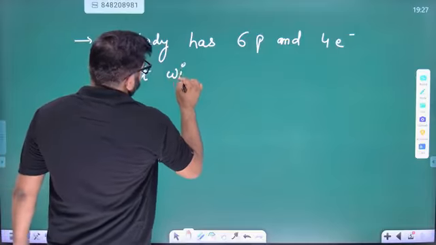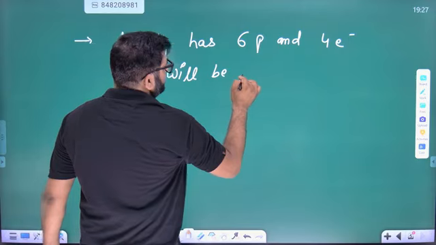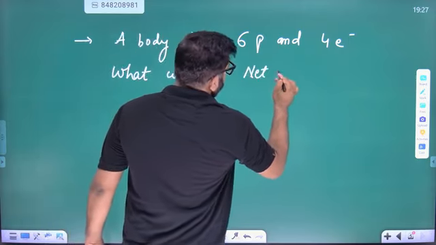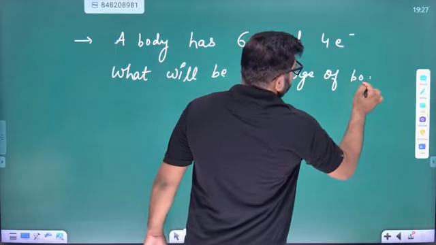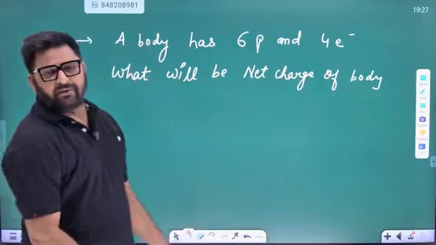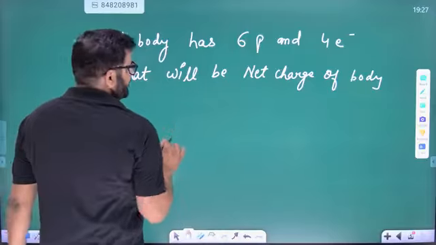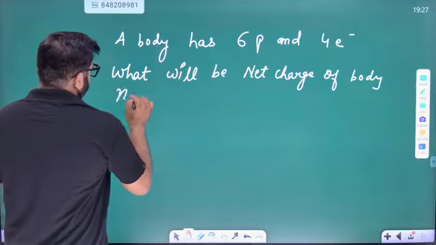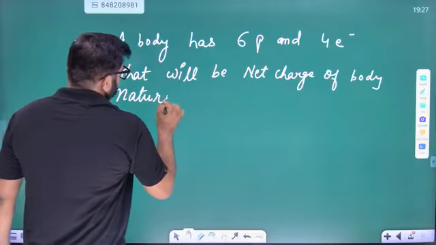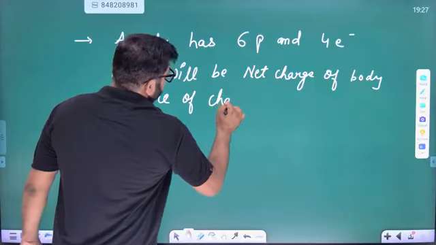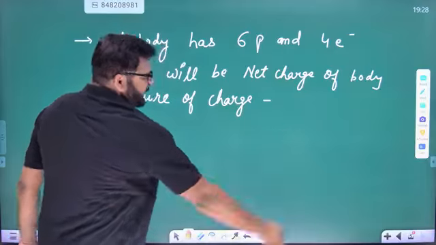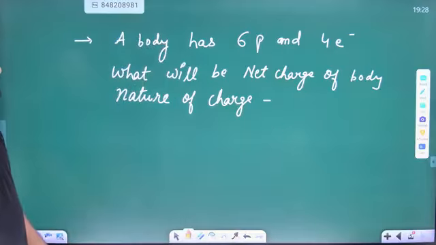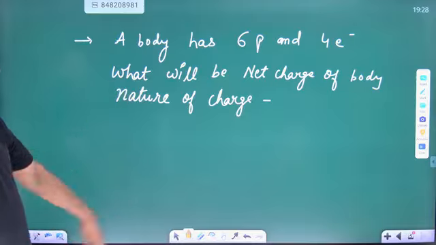What will be the net charge of the body? Also, the nature of the charge? Try to think. Body has 6 protons and 4 electrons. What will be the net charge of the body, and what will be the nature of charge?